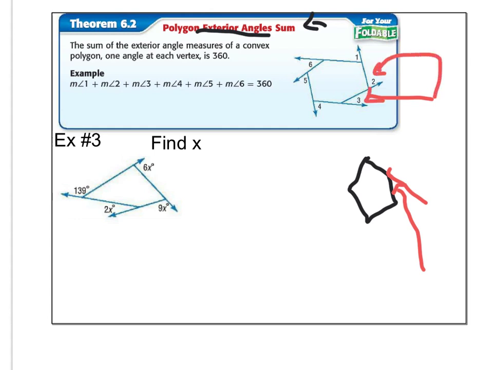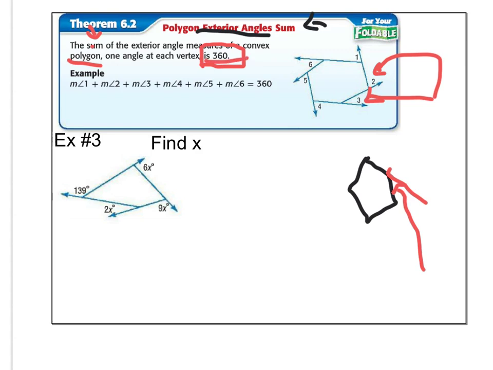Now here's the cool, magical thing about exterior angles. It doesn't make any difference what type of polygon it is. Pentagon, hexagon, triangle, 15-gon, 1,000-gon, for every polygon, the sum, which means addition, of all of those angles is 360.